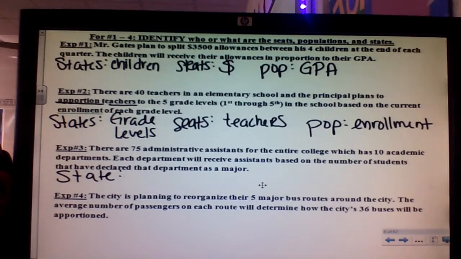So states, who gets? The department. Each department. What are they getting? Assistants. Based on what? Number of students. Yep.